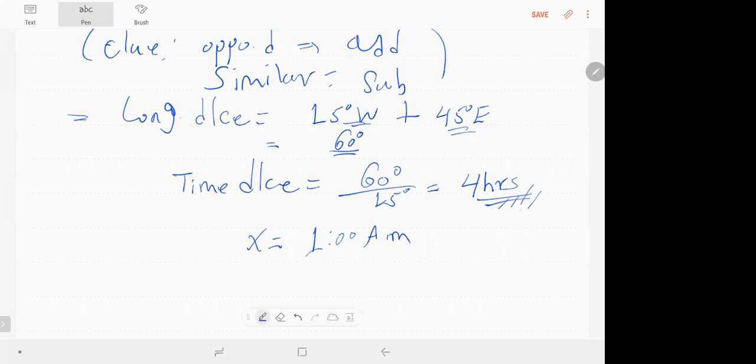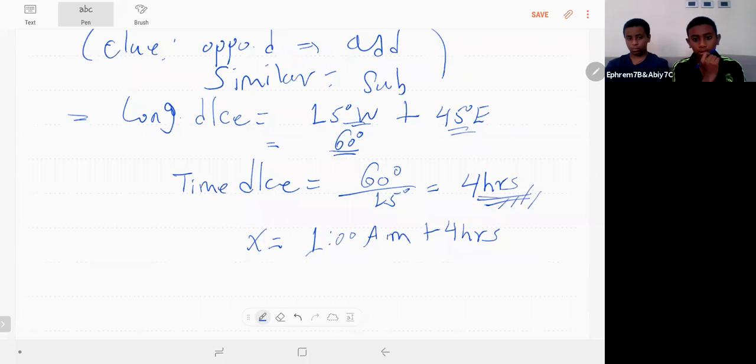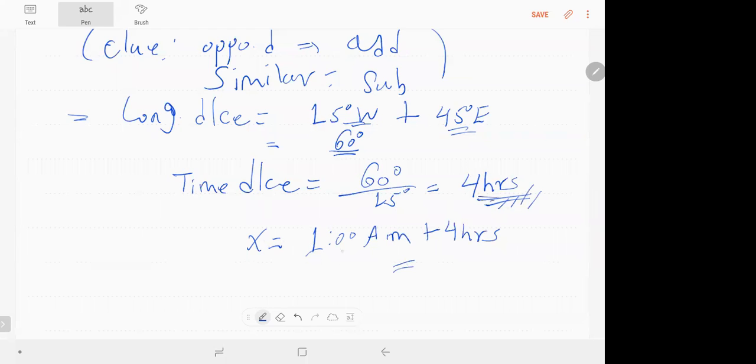You add 4 hours. It is not the time, but the time difference that is 4. Therefore, the time at Y is 5 a.m.